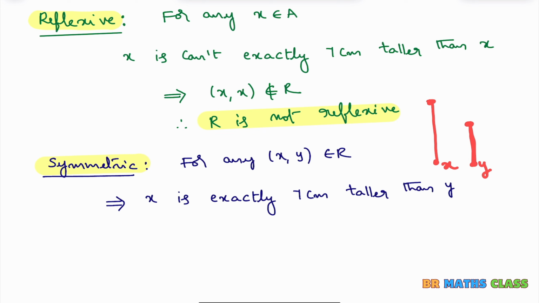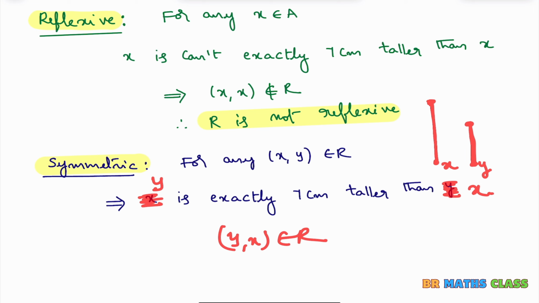When we say (y, x) belongs to the relation, it is only if y is exactly 7 centimeters taller than x that (y, x) belongs to R. As we came to know, x is exactly 7 centimeters taller than y, so y cannot be exactly 7 centimeters taller than x.